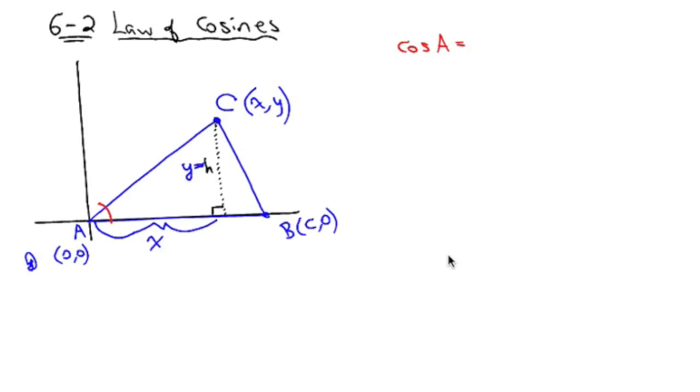What's the length of this hypotenuse according to the vertexes? AC. Remember how we labeled the opposite sides of a triangle? It would be little b. So this side is little b, and the adjacent is x. So you get cosine of A is x over b.